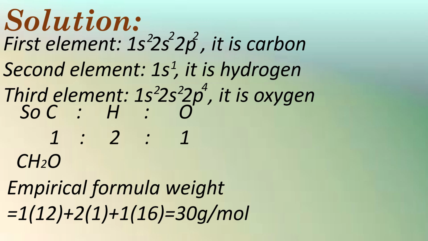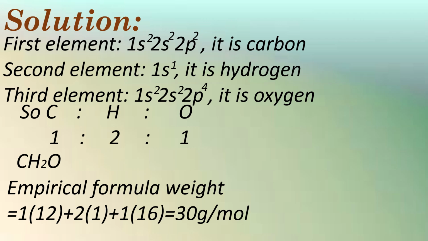Second element is 1s1, it is hydrogen because only one electron is present. Third element is 1s2, 2s2, 2p4. If we add 2 plus 2 plus 4, it is equal to 8. So 8 is the atomic number of oxygen. So in a neutral atom it is oxygen.